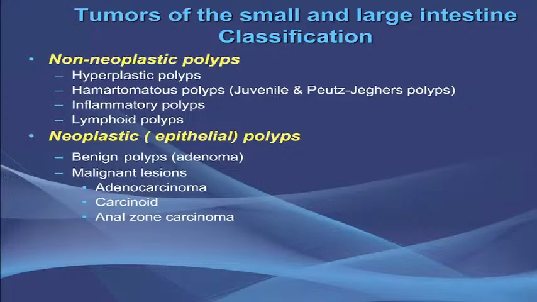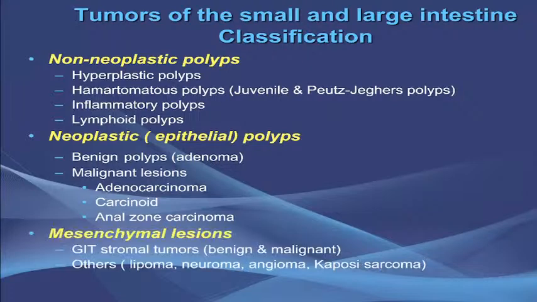Some examples are the good old colorectal carcinomas, carcinoid tumors, both benign and malignant, and anal zone carcinomas, just for example.